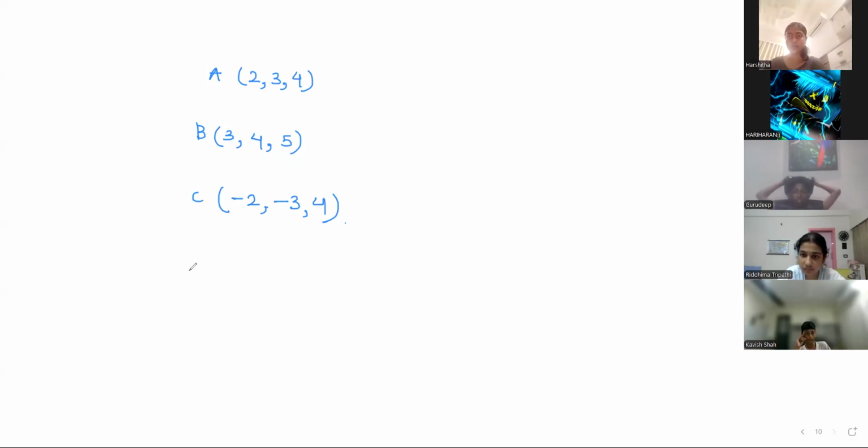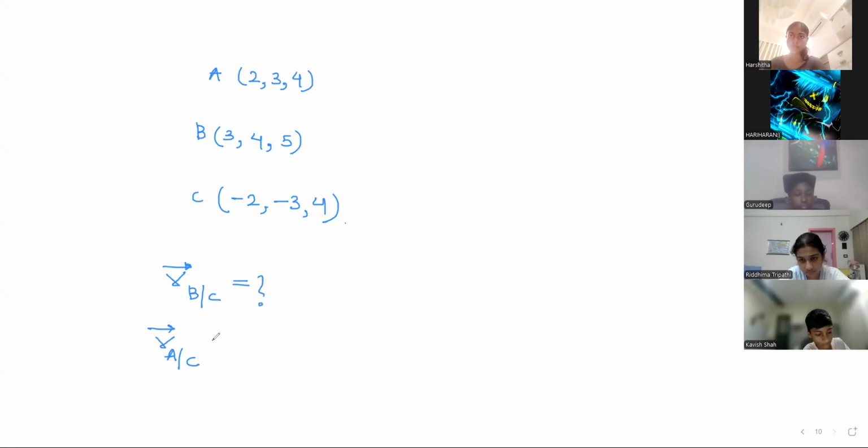So using these three vertices, Gurudeep, pay attention. These are the three vertices of a triangle. Can you write the sides of the triangle? BC, and AC. So C is the common point here.